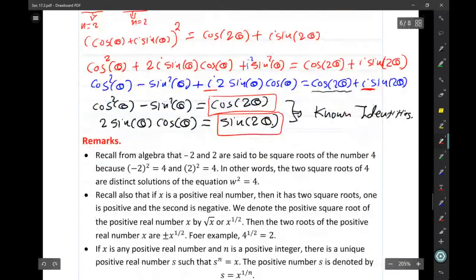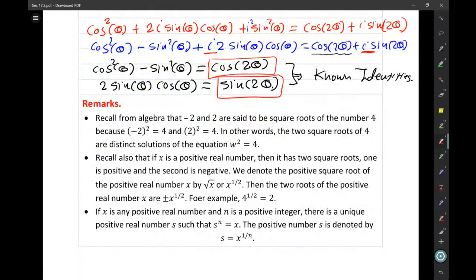Let us see the following remark. We know that in algebra, minus 2 and 2 are the square roots of the number 4. That is, the square root of 4 is equal to either minus or plus 2. That is in algebra. Why?